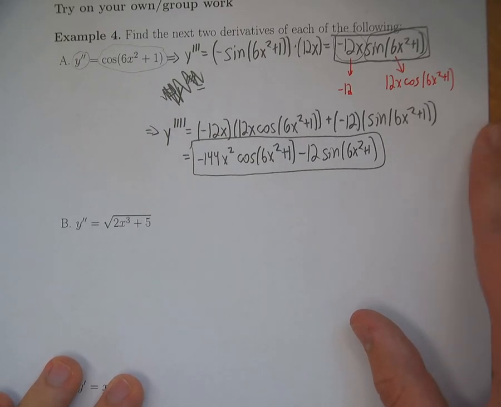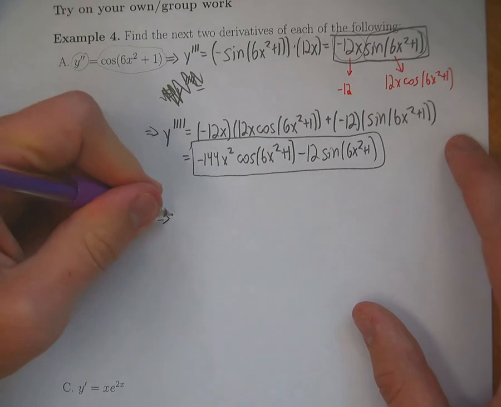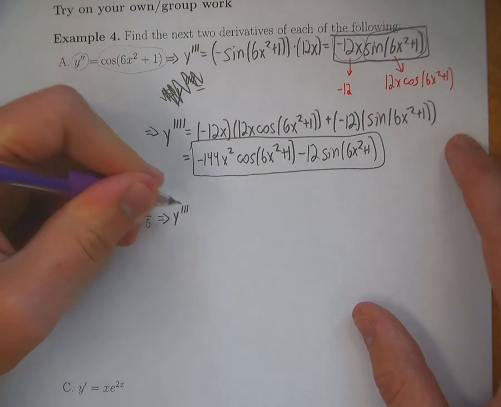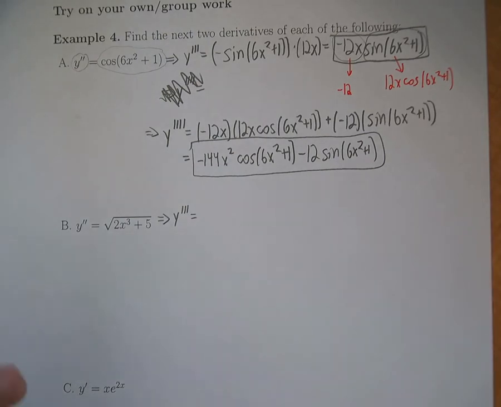So now let's take a look at part B. First off, what would be our third derivative if we're given the second derivative is equal to root of 2x cubed plus 5?